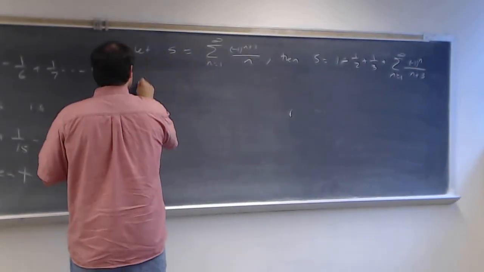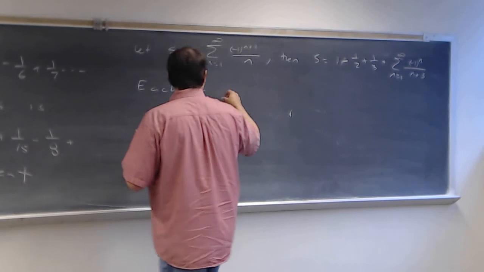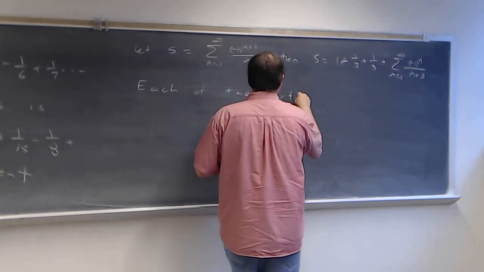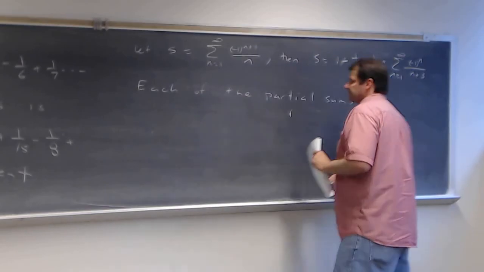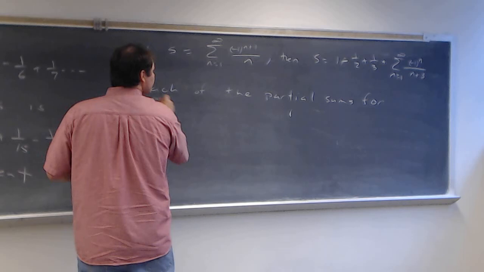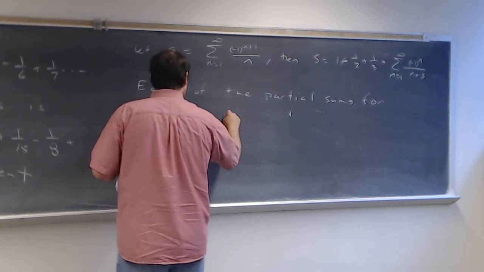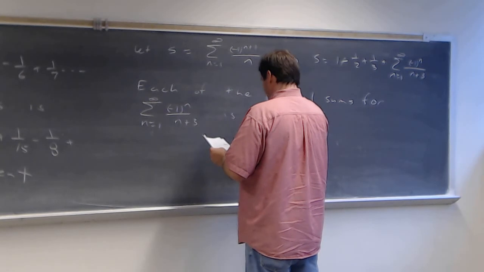Here's something to note: each of the partial sums for this particular series, the sum as n runs from 1 to infinity of (-1)^n over n plus 3, is negative.